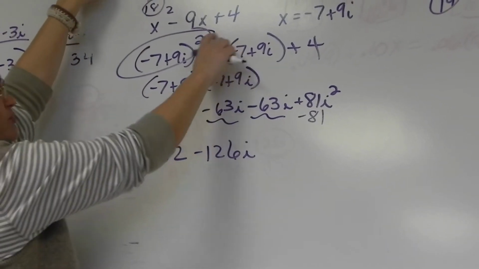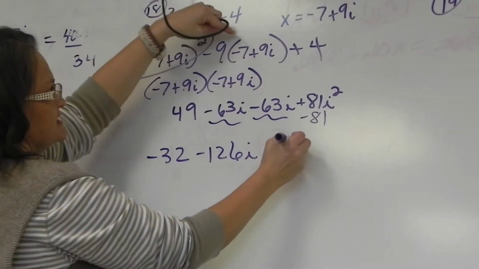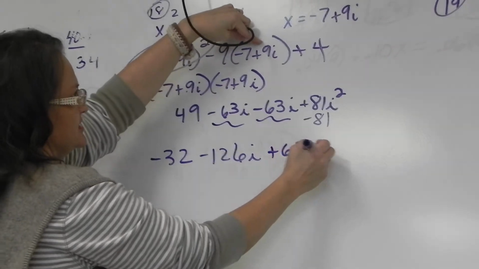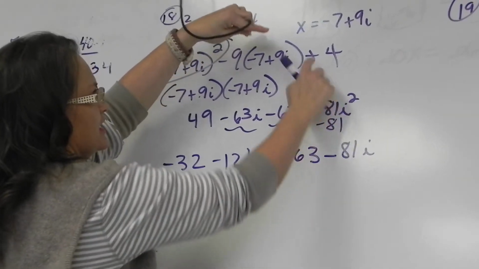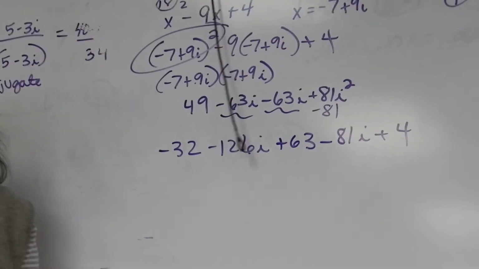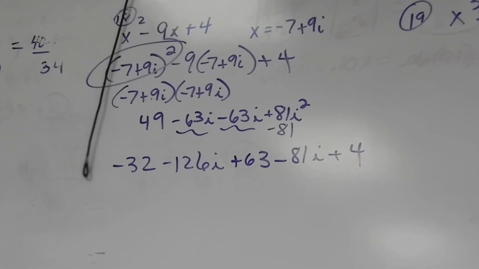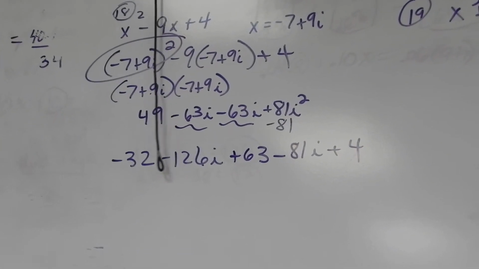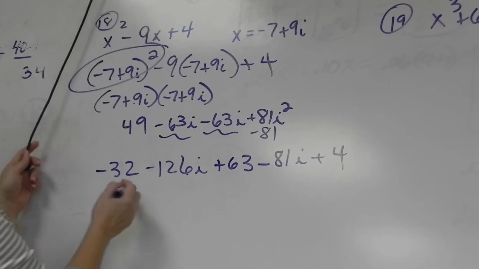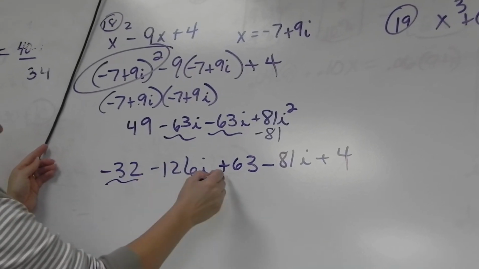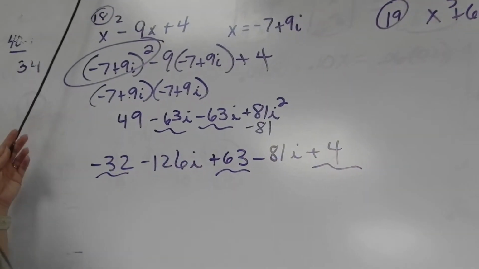I still need to distribute the negative 9, which is plus 63. Negative 9 times 9i is negative 81i, and then plus 4. So we're not solving anything on this, and we're just kind of combining like terms, reducing it. So we have a negative 32, a positive 63, and a positive 4.